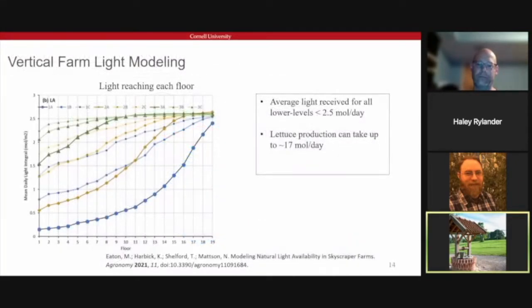And that's exactly what we find when we do the math. This plot shows on the vertical axis the mean daily light integral in the space, and on the horizontal axis the level of the building, so each floor of the building.